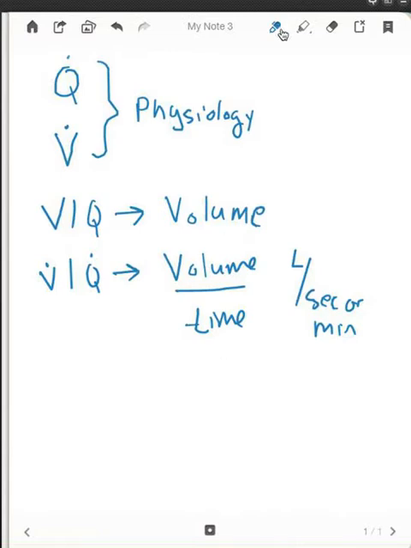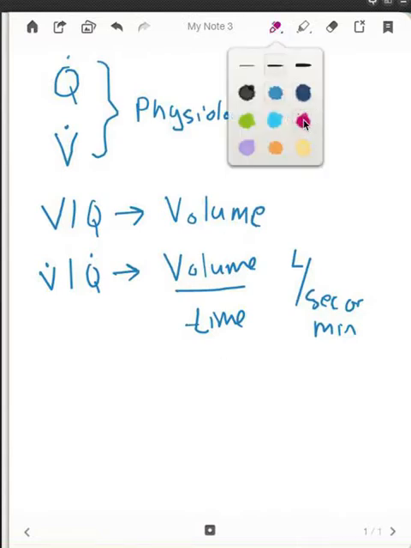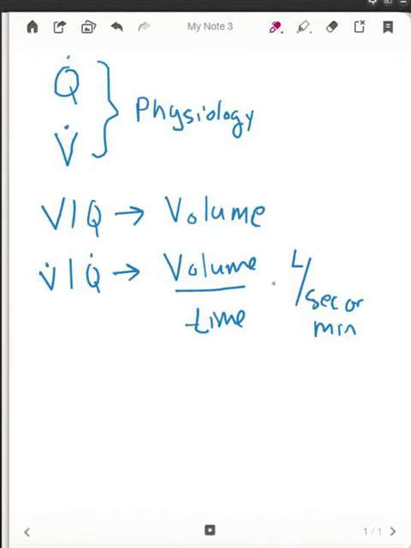Now, in physiology, you basically have two areas of the body where you have significant flow. This is what flow is: a certain volume of material moving per time. Again, there are formal ways of talking about this that can get a bit more complicated, but I'm keeping this simple for now.